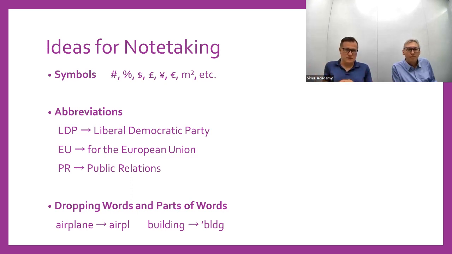So for example, the Liberal Democratic Party becomes the LDP. And the European Union becomes EU. And for something like public relations, which is again very common, you can just put PR. So abbreviations I think are very useful, particularly when you hear well-known names and names of organizations.